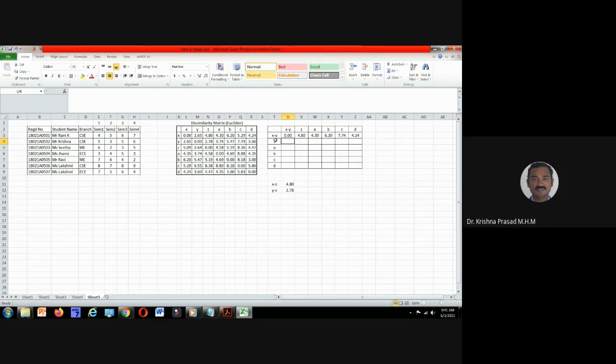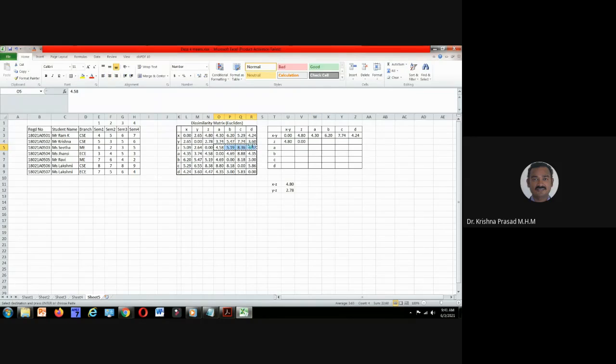Similarly, z to xy is nothing but xy to z, because of symmetry, right or not? Lower triangular matrix, 4.80 only. Z to z, 0. Z to a, z to b, z to c, z to d. These values I can obtain straight away from these values.